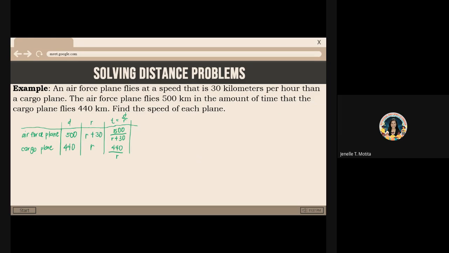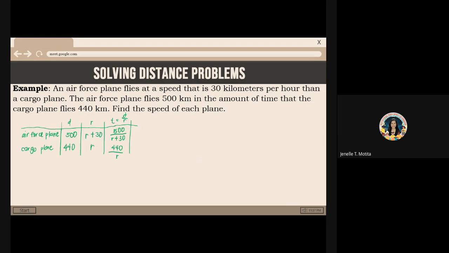Now that we have this table, did you understand it? Let's digest it again. An Air Force plane flies at a speed that is 30 kilometers per hour faster than a cargo plane, meaning the Air Force plane is faster than the cargo plane by 30 kilometers per hour.